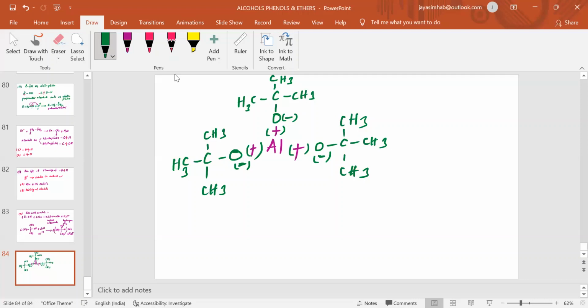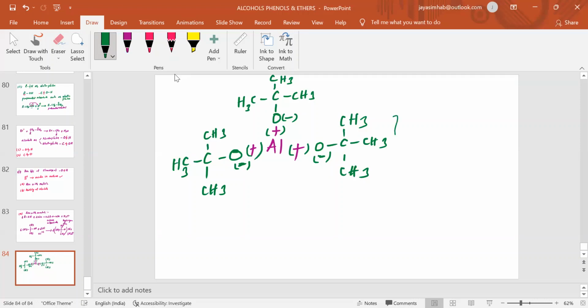To balance the reaction, we need two aluminum atoms like this. Each aluminum will be attached to three alkoxides. This is the tertiary alkoxide.